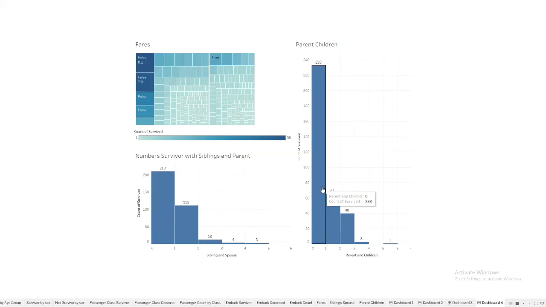Then the least one, the passengers that have parents and children, has a survivor count of 1. So for that question, I think having parents and children does not help to survive.